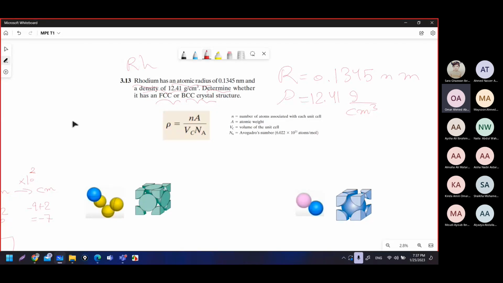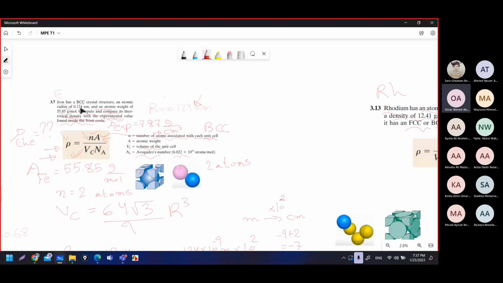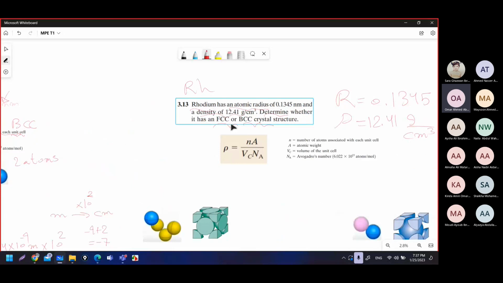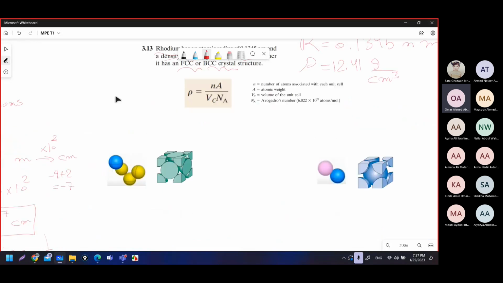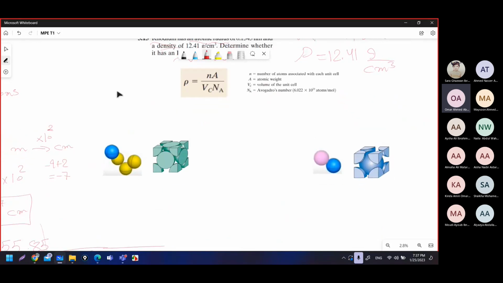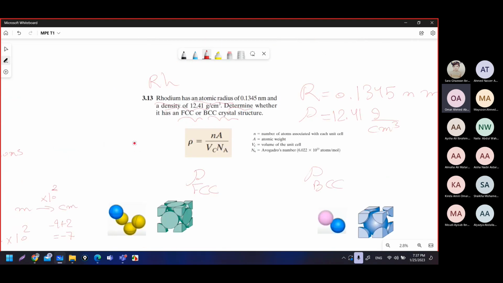And it is opposite to the previous question. He gave me that it is BCC, and I wanted to calculate the density. Here he already gave me the density, and he asked if this element has a BCC crystal structure or FCC crystal structure. So what I need to do is to calculate rho, assuming it is, for example, FCC, and also calculate rho for BCC, and see which one of them will give me this value 12.41.